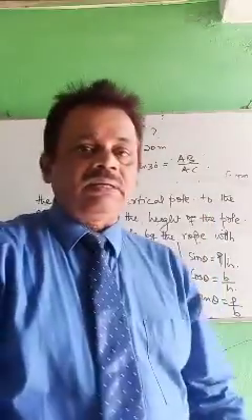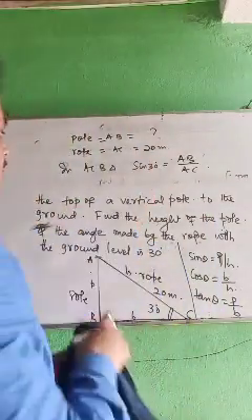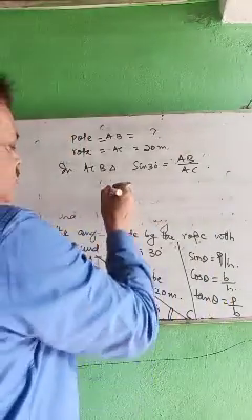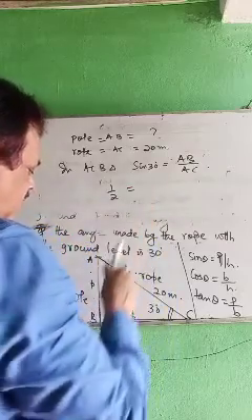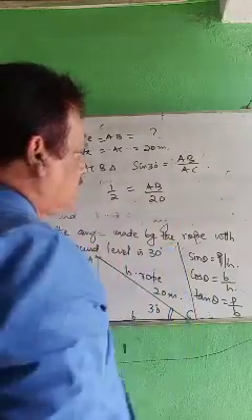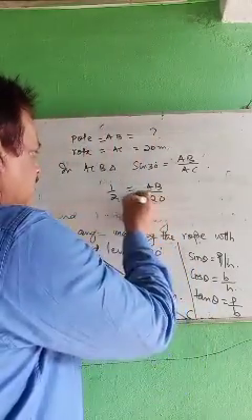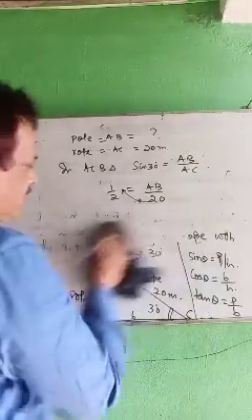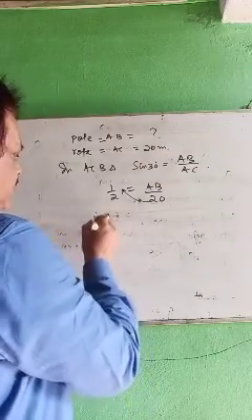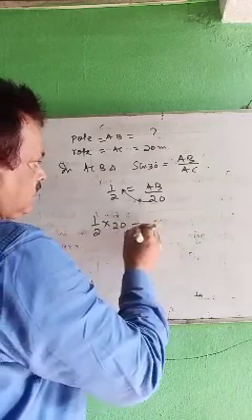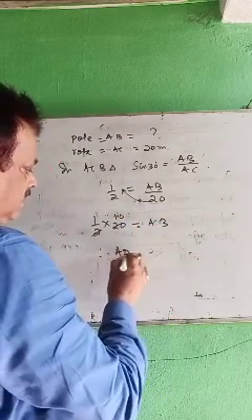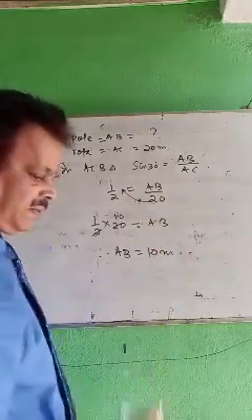In the previous chapter you learned what sin 30 is. Sin 30 equals 1 by 2. So 1 by 2 equals AB, which is not given, by AC, which is given as 20. Do a cross multiplication, this number will come here. So what will you get? Half into 20 equals AB. Cancel here, 10. AB equals 10 meter.